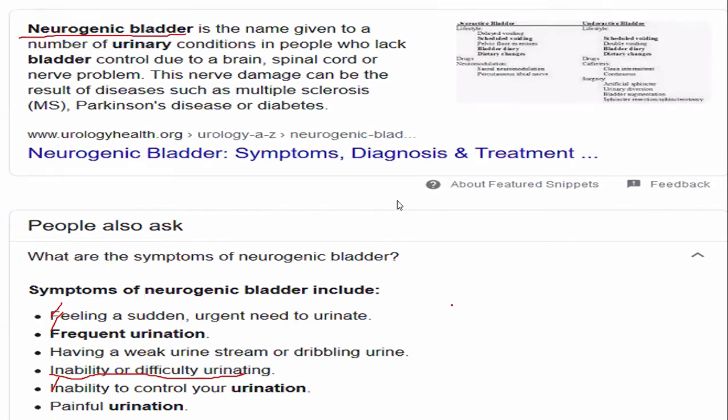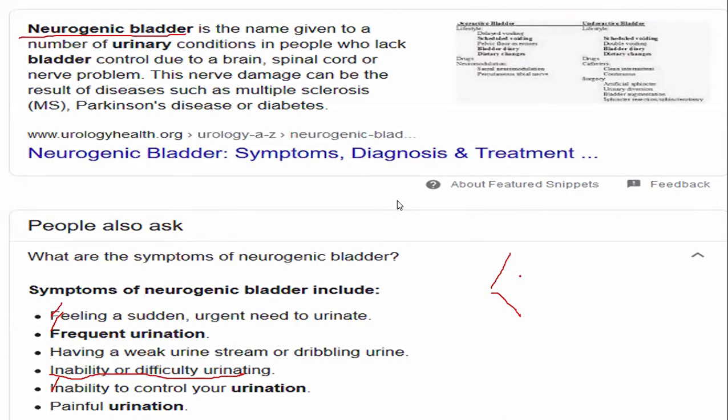Or it could be that the patient actually loves to urinate but cannot urinate simply because as if there's a paralysis of the urinary bladder muscles. So it's either that the patient cannot urinate or could urinate too much. They're just too extreme. So that is a neurogenic bladder.